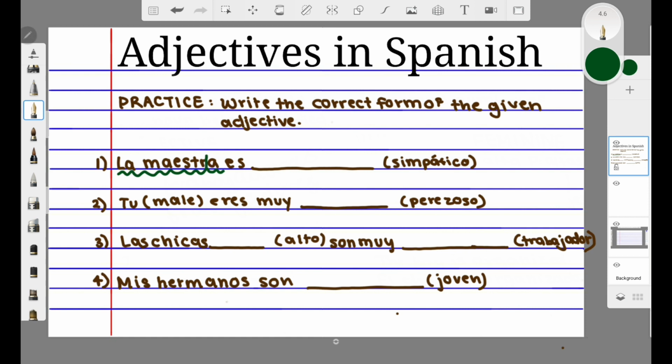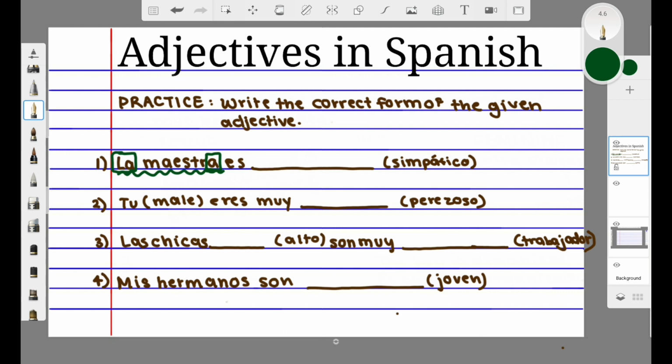We see the A ending, signifying that it is feminine, and there's no S at the end that shows that it's plural. Also, a trick is we can see the definite article, so we can tell that yes, it is feminine, and yes, it's singular.